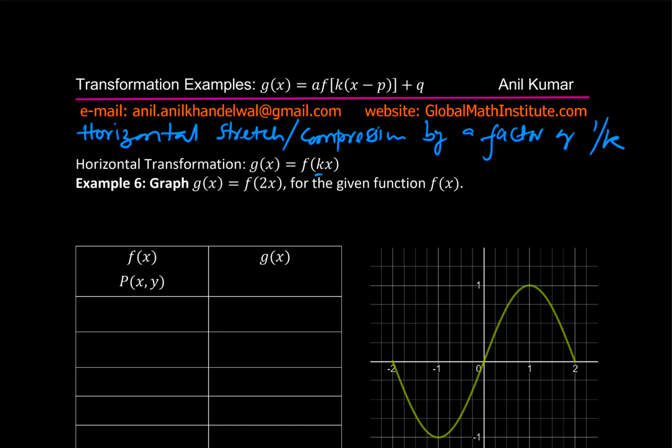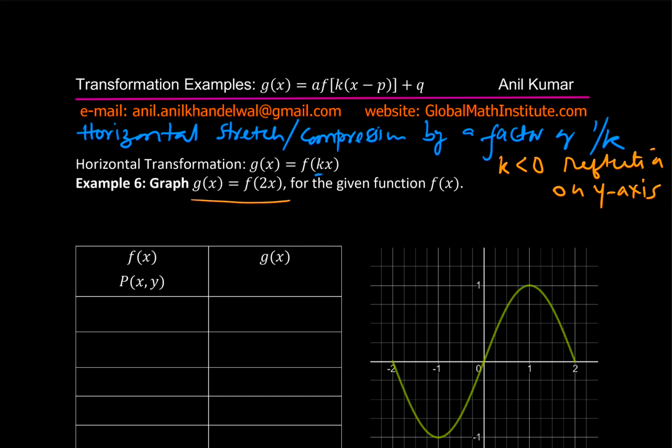And also, if k is less than 0, then there is a reflection on the y-axis. That is what could happen. Now, in our case, let's see what example we have. We are talking about g of x is f of 2x.